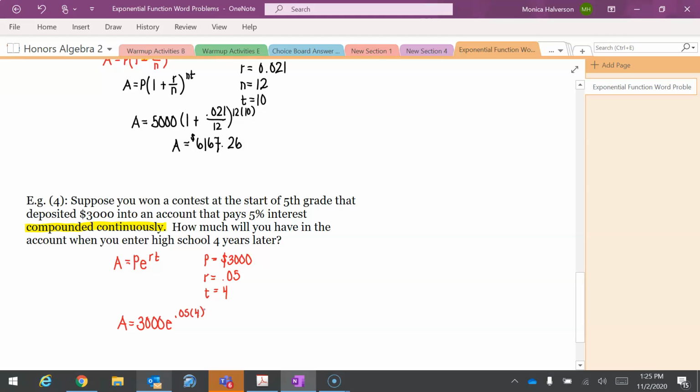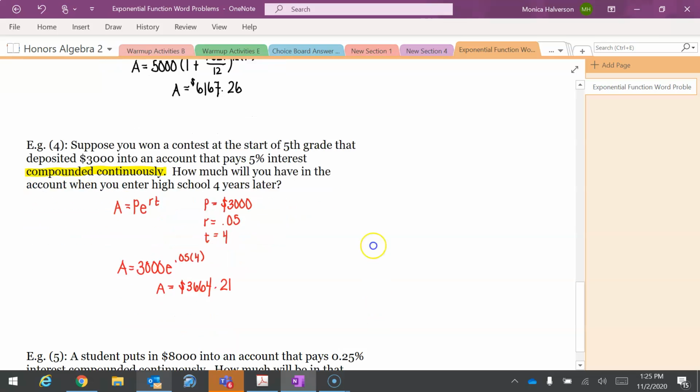And we're going to plug that into our calculator. Once again, the E can be found when you press second LN. And you get $3,664.21. And remember, we can round up here or round down because we're dealing with money.